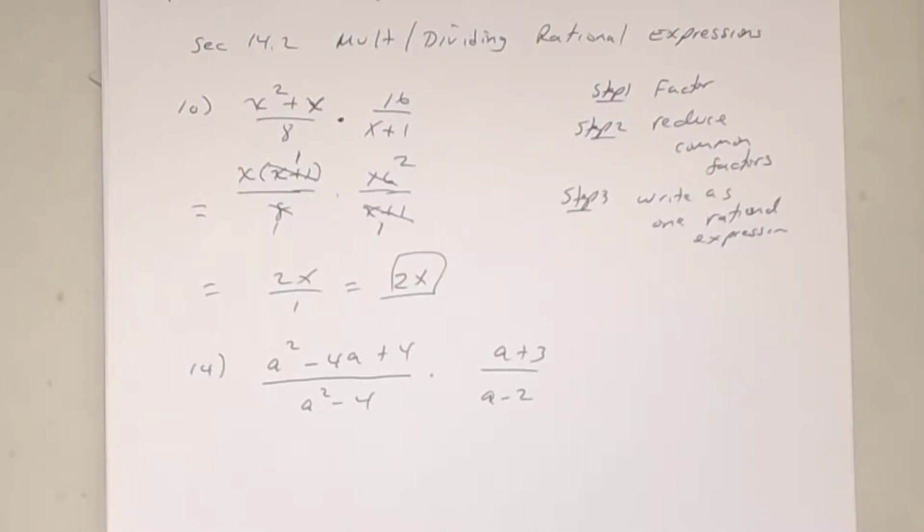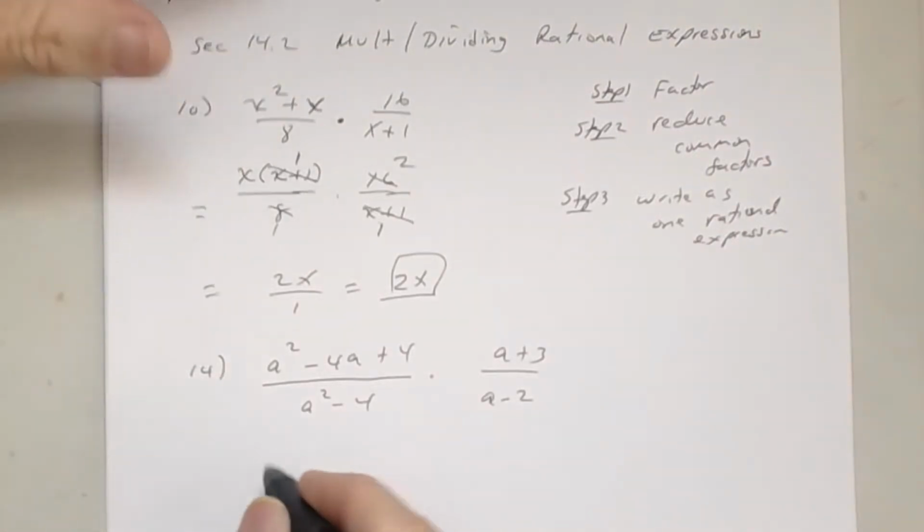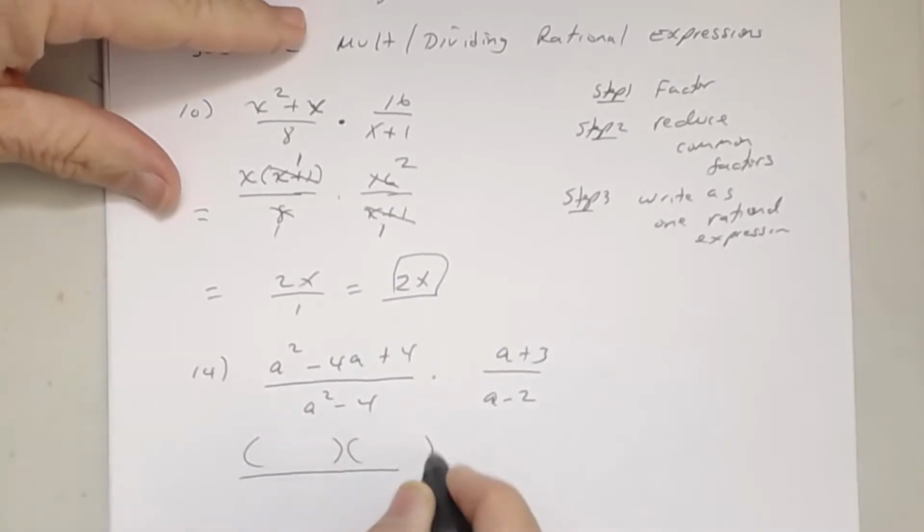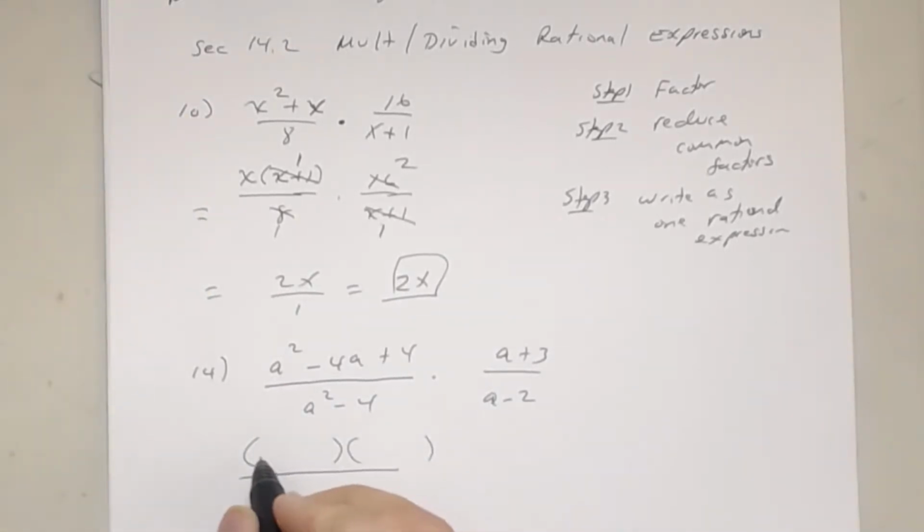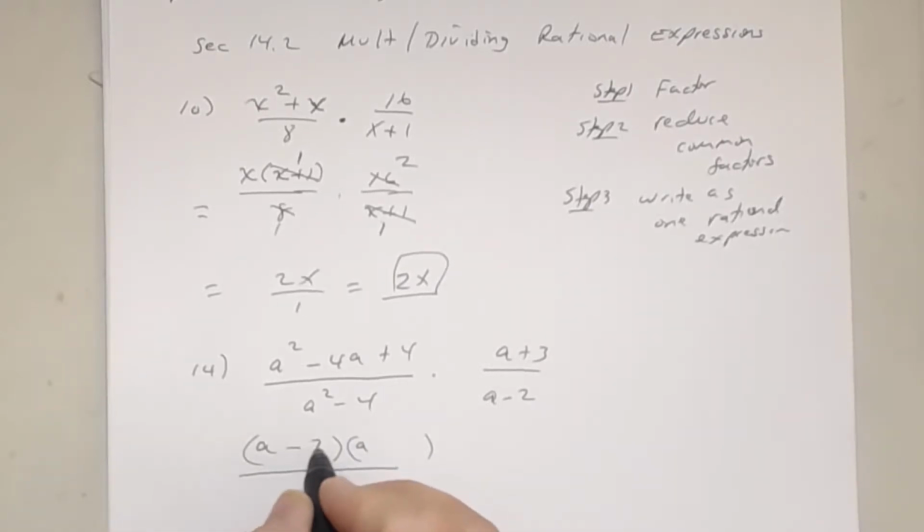What's step 1? Factor. Can I factor that first numerator? Yes. So you have to remember how to factor. At this point, I'm hoping that you're quicker at factoring. What is that factoring? No, a minus 2 times a minus 2.